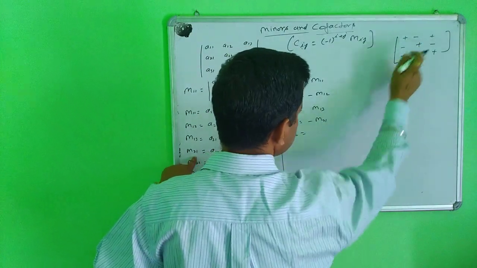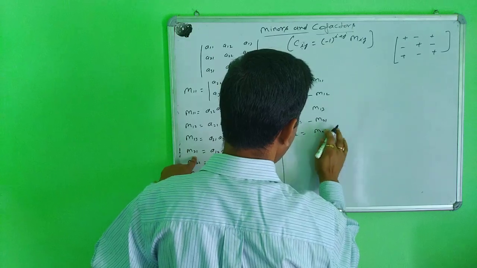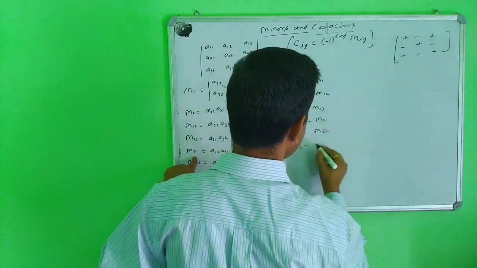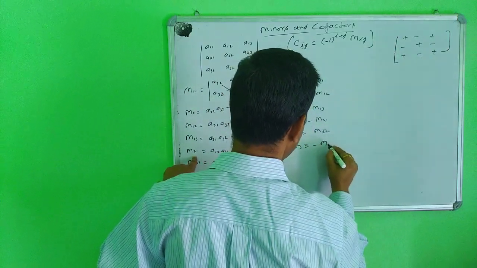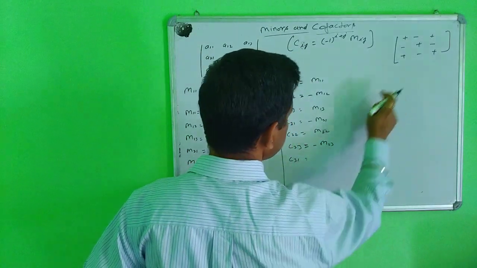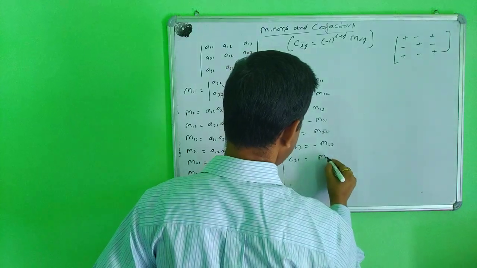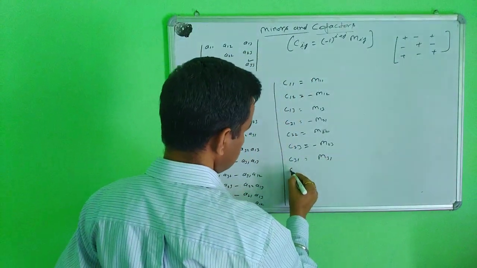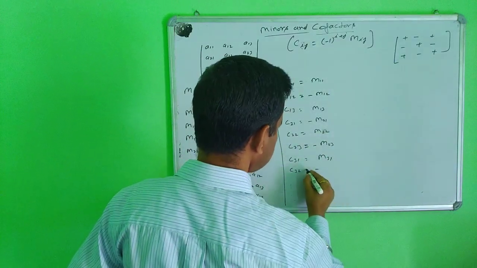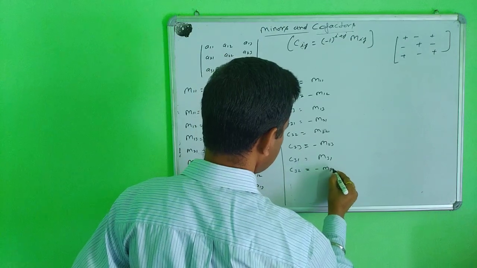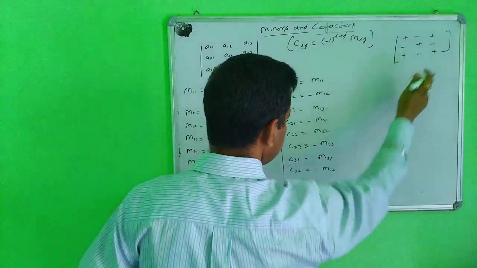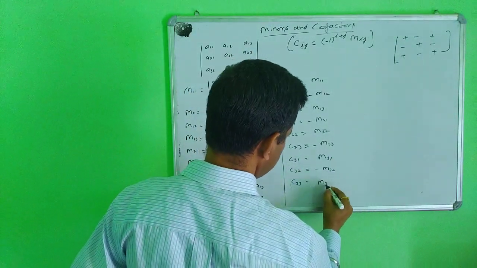C22, the plus sign, M22, and C23, this is the minus sign, putting minus M23. Next C31, this is the plus sign, so M31. Next C32, putting a minus sign, so minus M32, and C33 equals plus sign, M33.